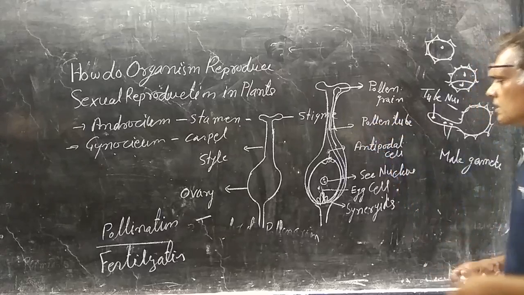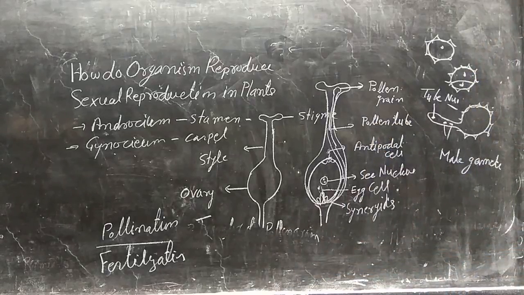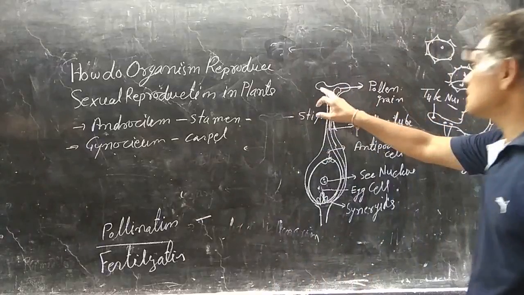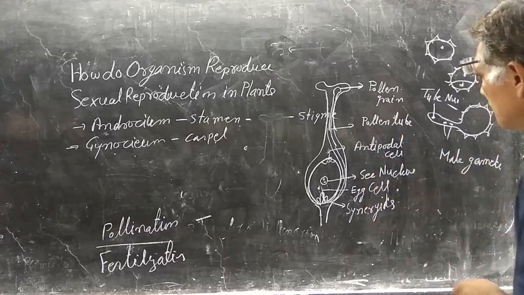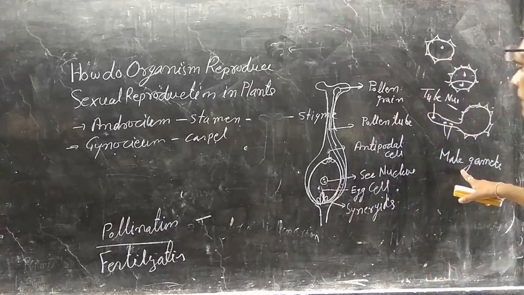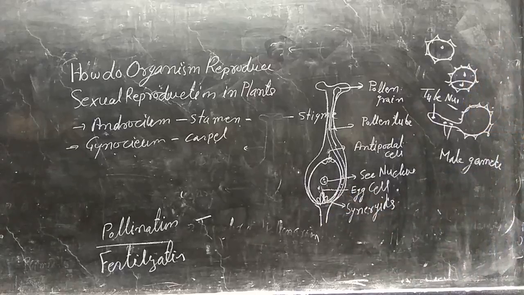This diagram is asked many times in the annual or board examination, for labeling or other questions. So this is the stigma. This one is the germinating pollen grain, this one is the pollen tube, and here two small structures are the male gametes, which are present inside the pollen tube.